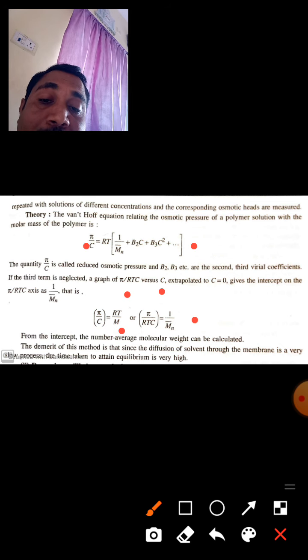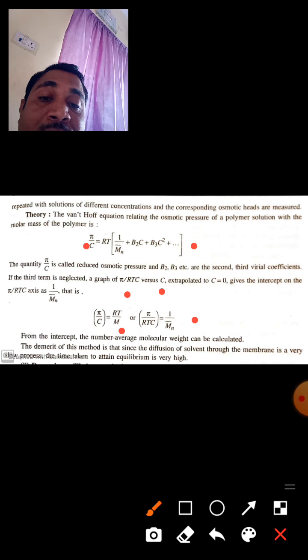From the intercept, the number average molecular weight can be calculated.